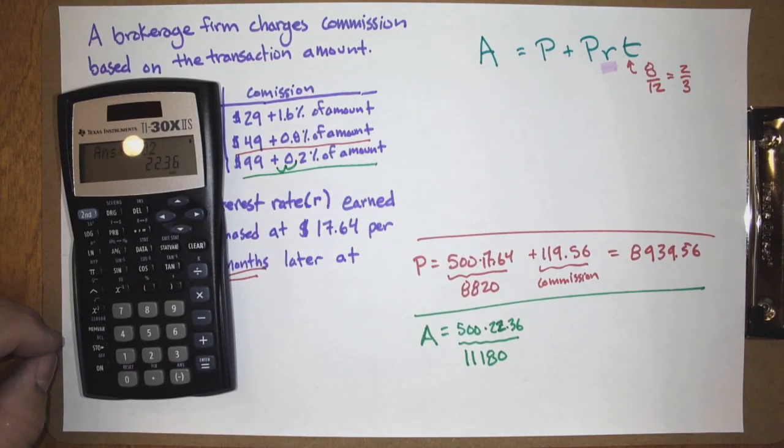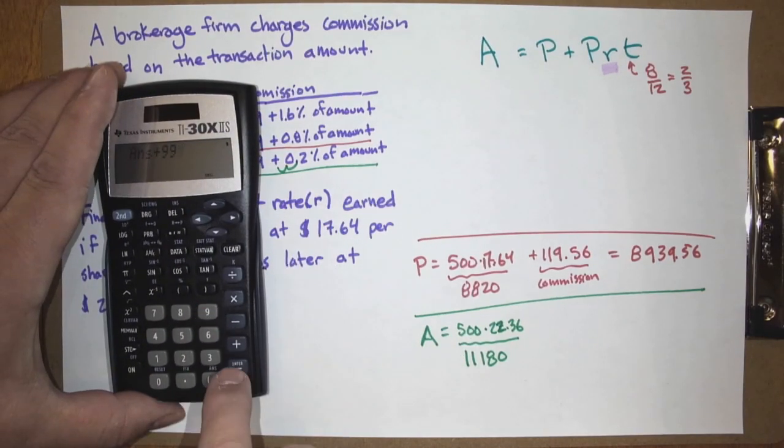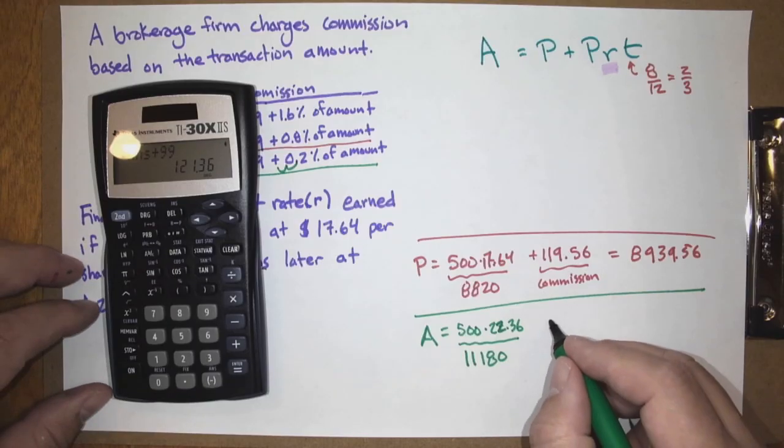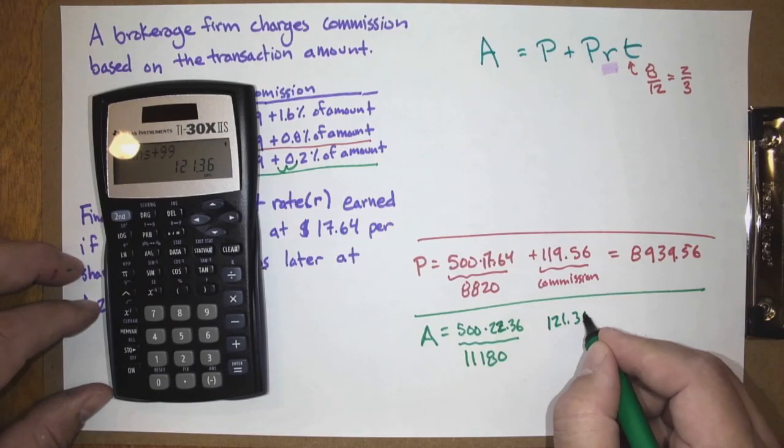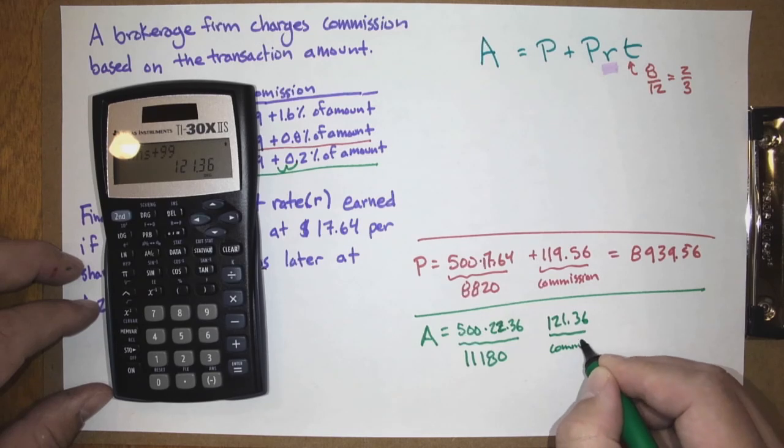Okay, $22.36, that's the 0.2%, plus 99, says that we have a commission of $121.36 to pay. Okay, so that's the commission.